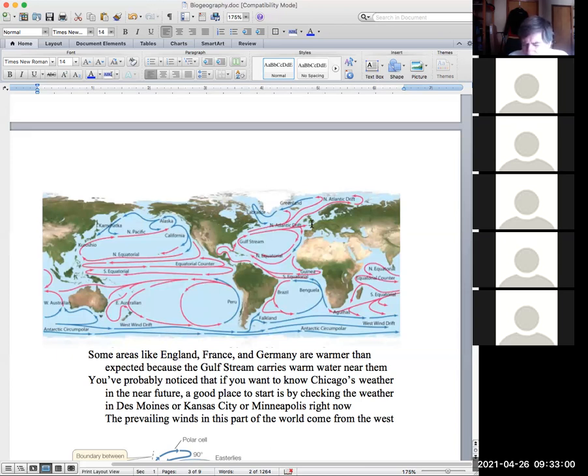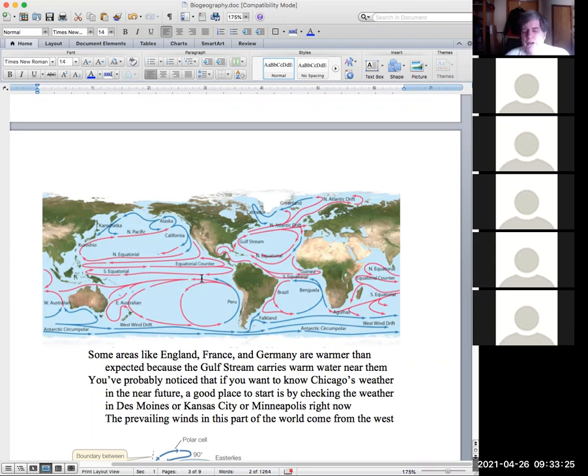So that's very important in terms of determining the climate of Europe. It's important in other areas as well. And some of these currents have a big effect on our weather. You've probably heard of El Nino and maybe El Nina as well.